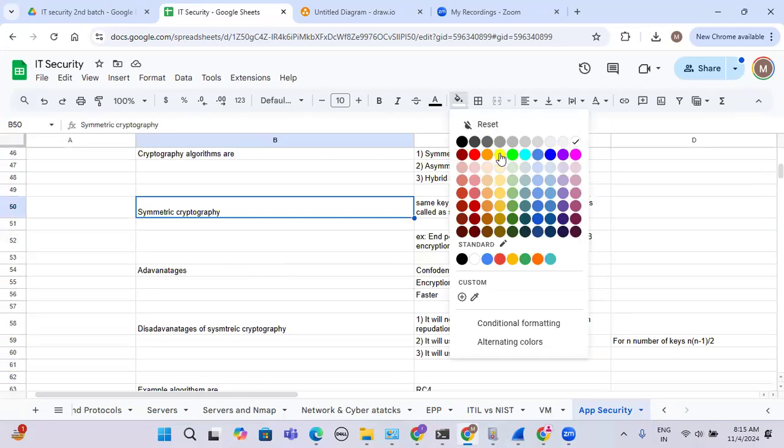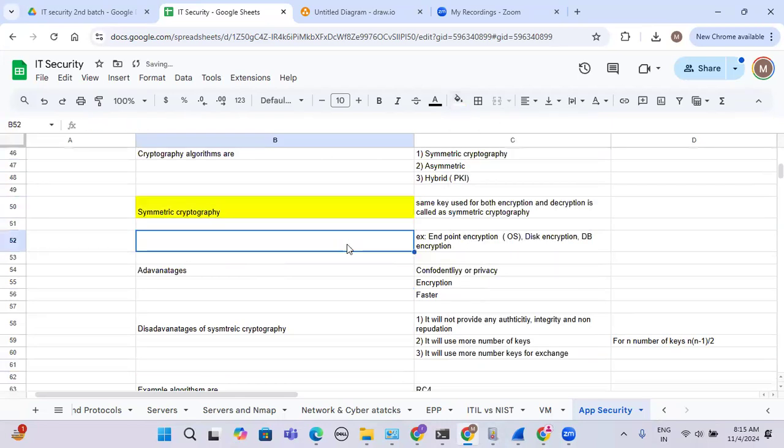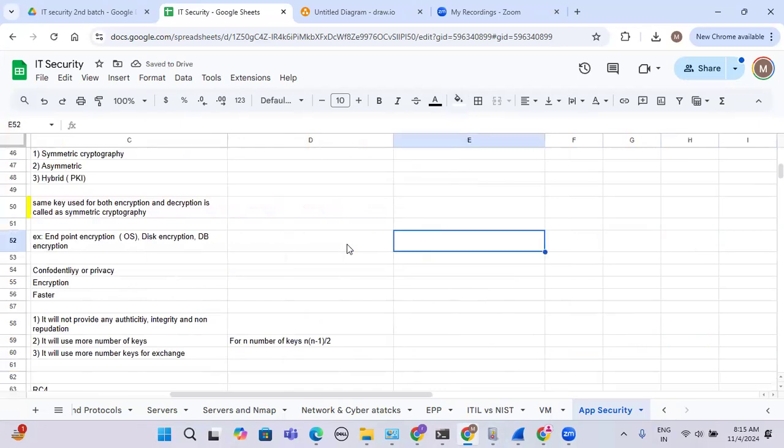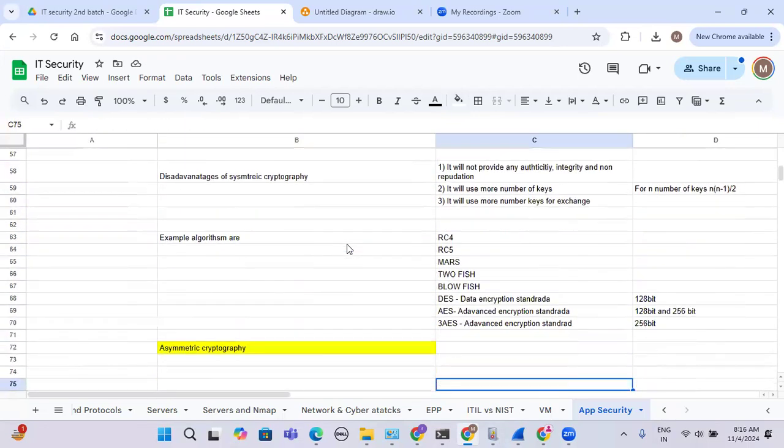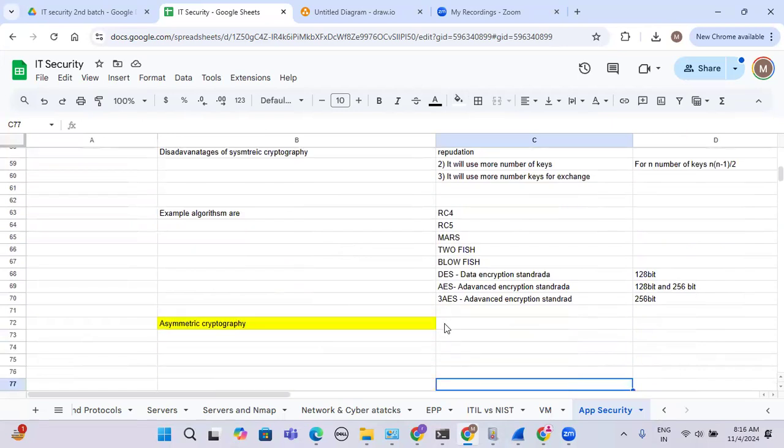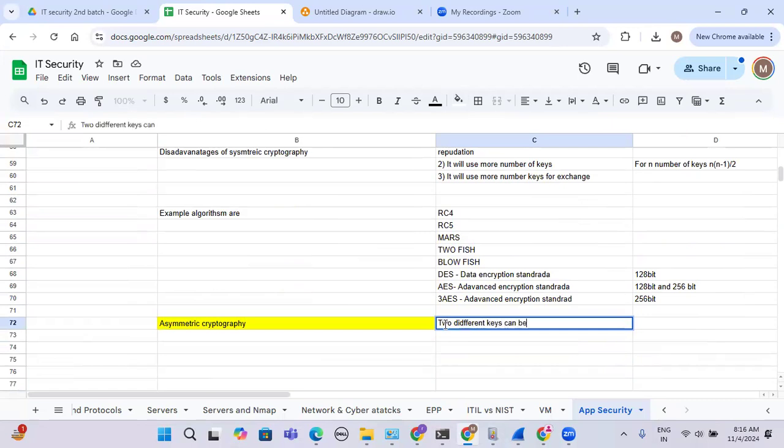Two different keys, meaning one is a public key and one is a private key. Using two different keys for encryption and decryption is called asymmetric.